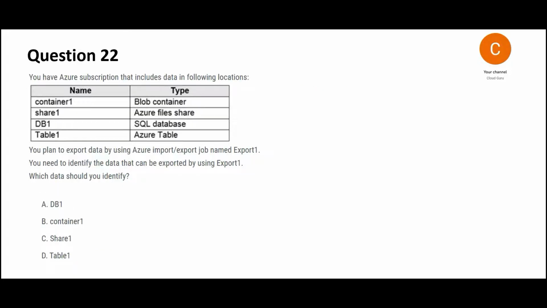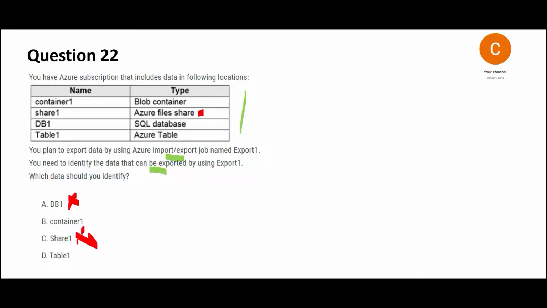Now here it is talking about an Azure subscription and it includes the following locations. You plan to export the data using an import export job, and you need to identify the data that can be exported using this job. So what is the data that can be exported? Does it tell you? Is it talking about database? No. So this is wrong. Does the question say that they want to export file shares?